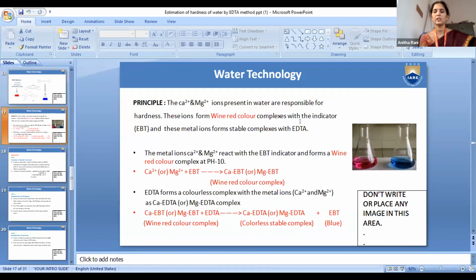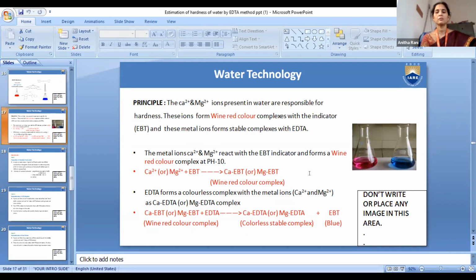Very simple. We take a water sample containing hard salts, either calcium or magnesium. We add EBT indicator, 3 drops, then 1 ml buffer solution.